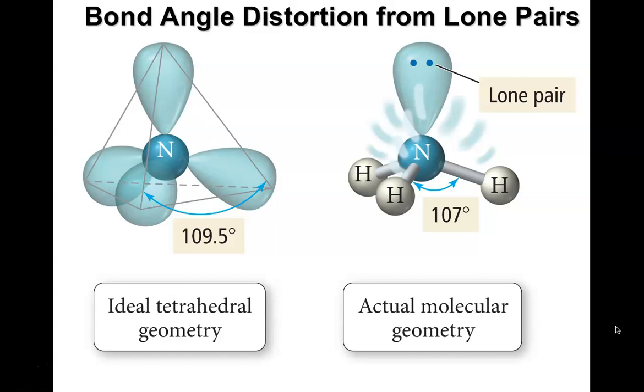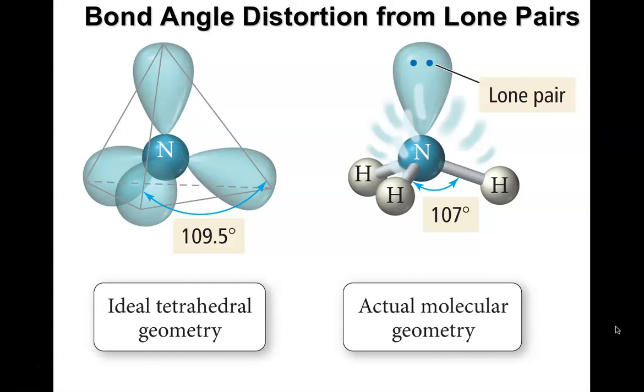So, for example, if we take ammonia, NH3, on the left-hand side, electronically, it is a tetrahedral shape, 109.5. But from a molecular geometry, the actual geometry, that lone pair on the top of ammonia takes up more space. It's going to repel all of the bonded hydrogen-nitrogen bonds below it.